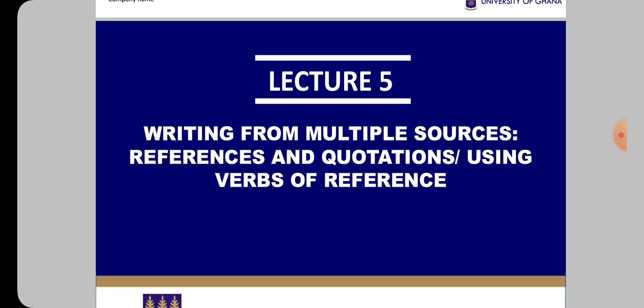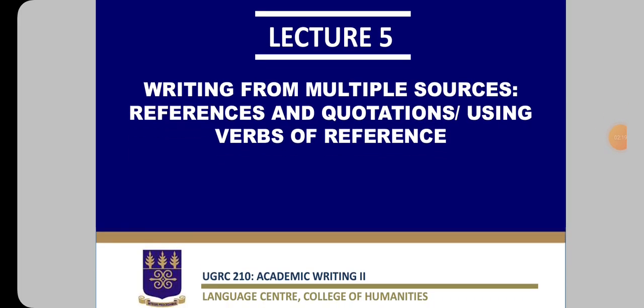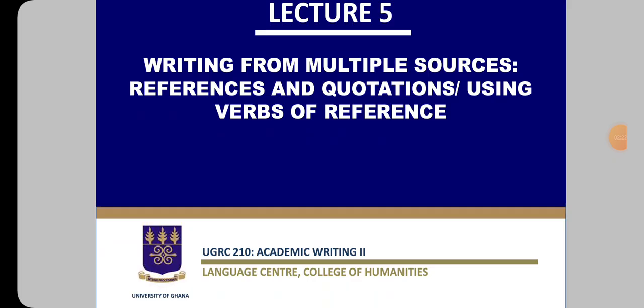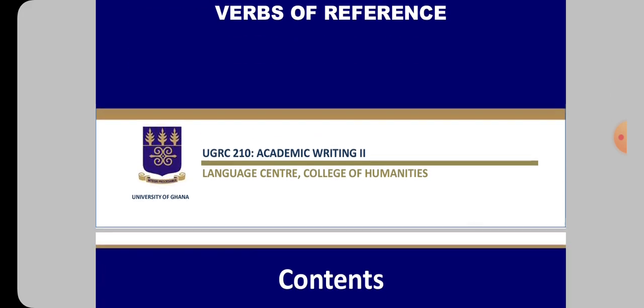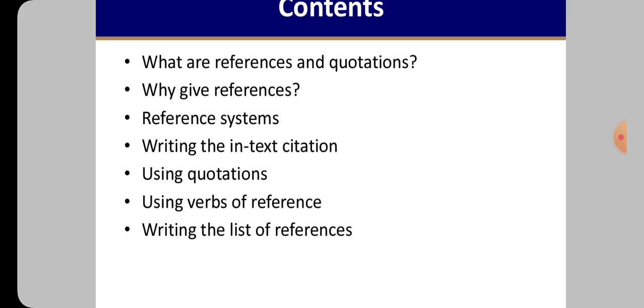And trust me, whether you like it or not, these things, you meet them in your exams. So it's always good to pay attention to whatever we are doing here, and I think it's really going to help you. So the area of concentration is referencing, quotation, and then the use of verbs of reference. So these are the areas of concentration for today's online tutorials.